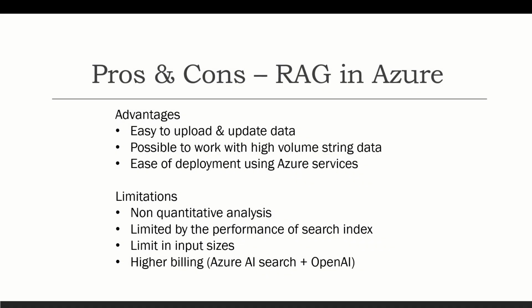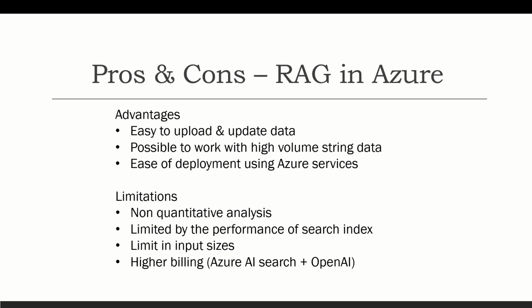In conclusion, using RAG in Azure has multiple advantages, among them an ease of updating your search index through the Azure data bank, the possibility to work with a very high volume of data, and of course the ease of deployment using Azure compatible services. However, RAG still has common limitations of LLM models, such as a limit in the total input size, as well as a limit on the quantitative analysis possible.